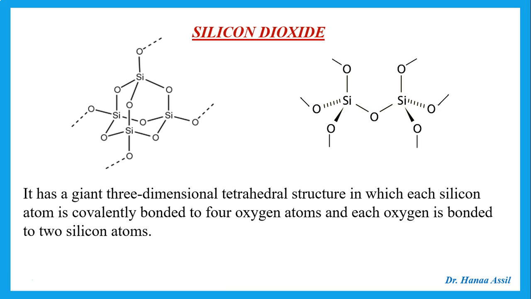So it has a structure similar to that of diamond. But here each silicon atom is covalently bonded to 4 oxygen atoms, and each oxygen is bonded to 2 silicon atoms. This is the structure of silicon dioxide.